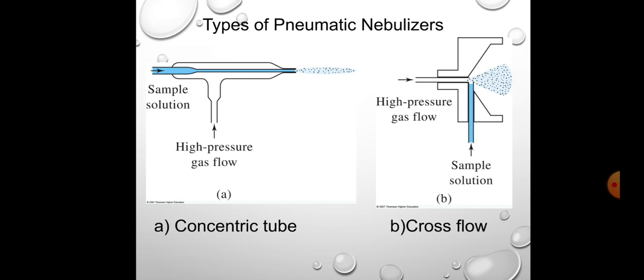This is called the concentric tube. On the right side we can see another type of nebulizer. We have two tubes in this method that are not parallel, but they cross each other at an angle of 90 degrees. So the sample is coming up from below, and then from the other tube we have a high pressure gas flow that will flow the sample and make it into a spray or a mist.